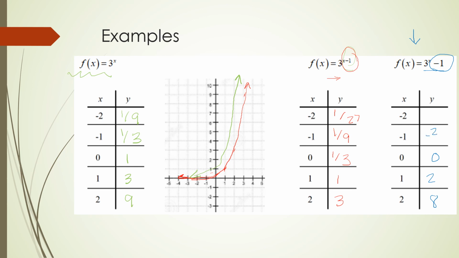This is going to be -2/3, and this is going to be -8/9. So it's going to be down here, come up through (0, 0) to 8, somewhere about here. There we go. So it's shifted down 1. This one is left 1.